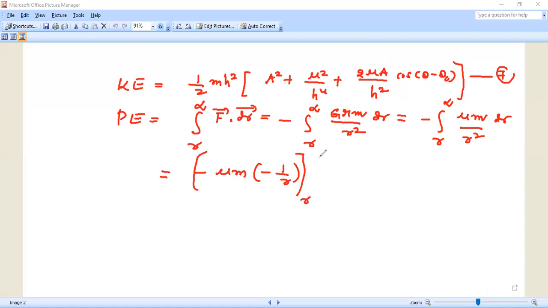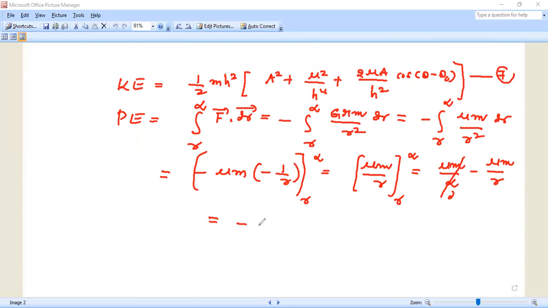limits r to infinity. Minus into minus gets plus mu m by r, limits r to infinity. That equal to first substitute upper limit, mu m by infinity minus mu m by r. First term becomes 0. This is equal to minus mu m by r, and 1 by r equal to u.